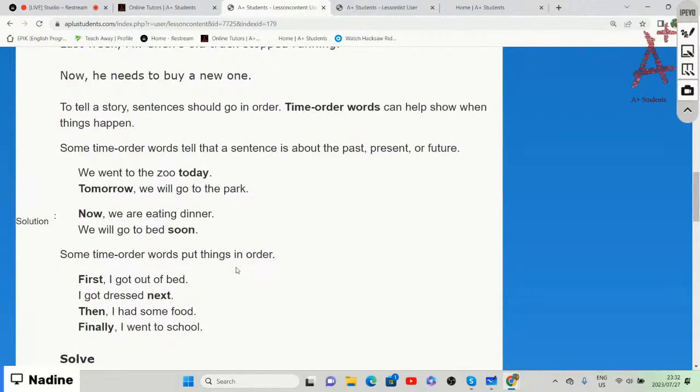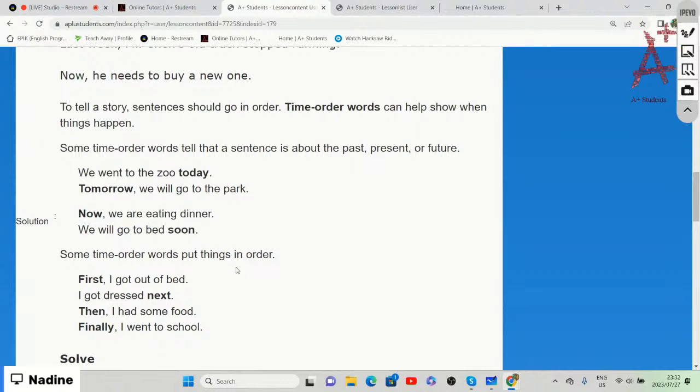Time order words put things in order, right? And here we have an example. Firstly, I got out of bed. Then I got dressed next.